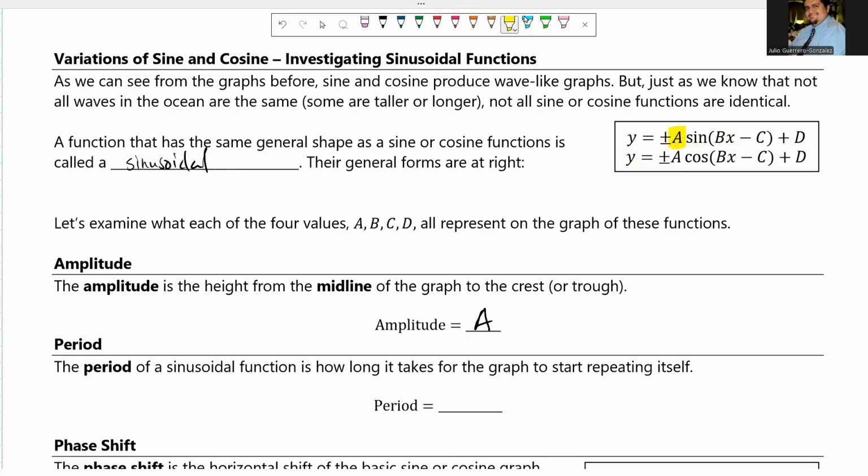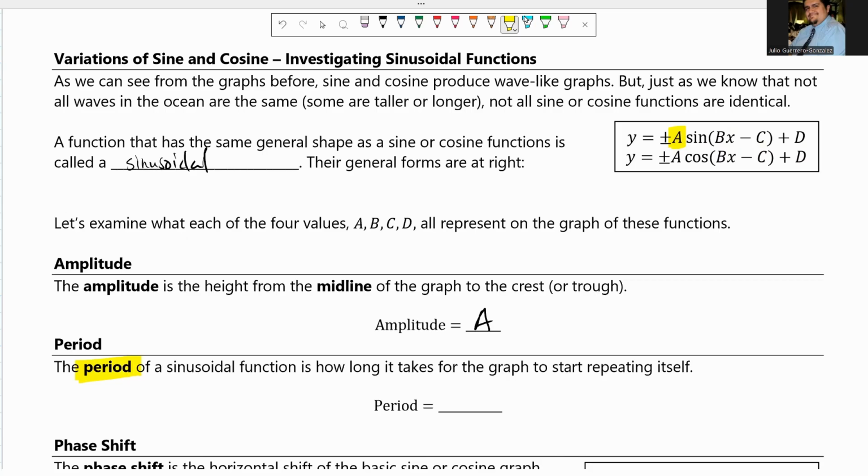The next thing that we're going to look at is the period. Sometimes we can have a period that is something else that's not 2 pi. I like to say vanilla sine and cosine have a period of 2 pi, but they don't have to. We can squish it or we can stretch it out.